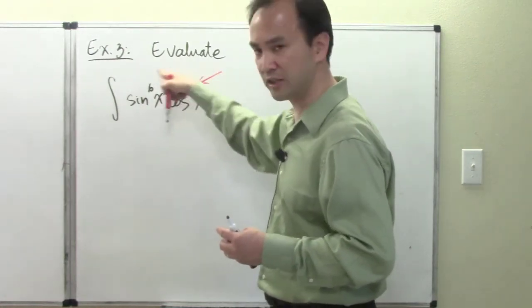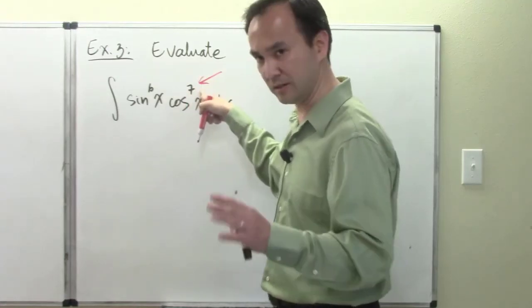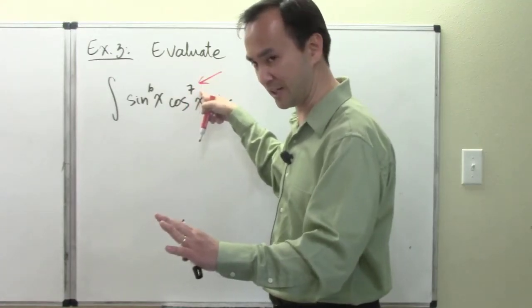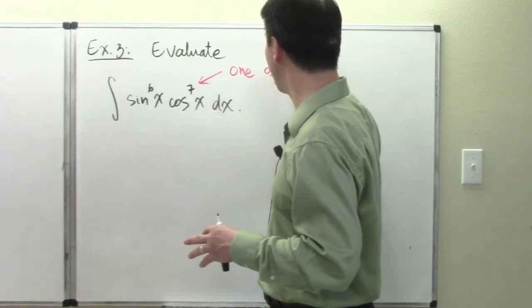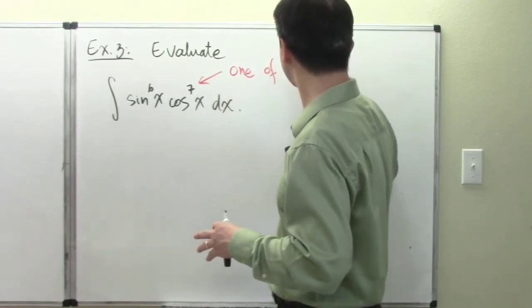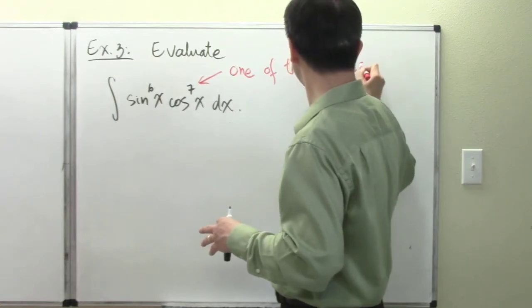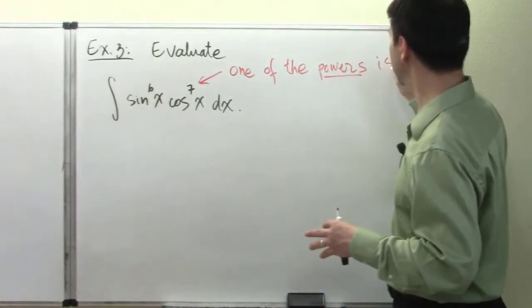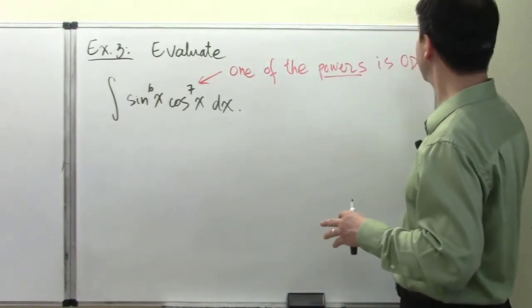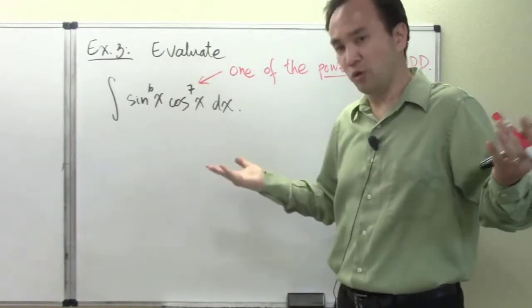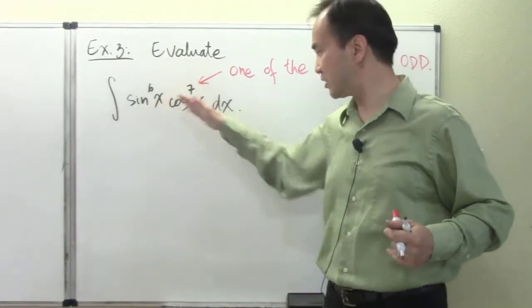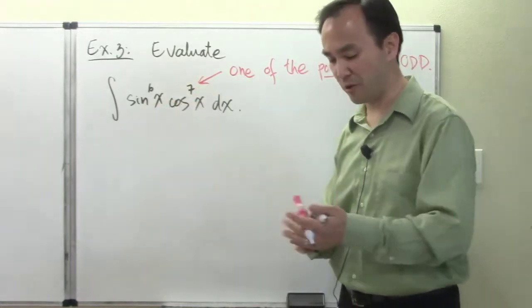Among the two powers available here, one power is odd. As long as one of the powers is odd, that's what we notice. If both are even, we will have an example on that, but at least this is the case I purposely brought people in on right there.